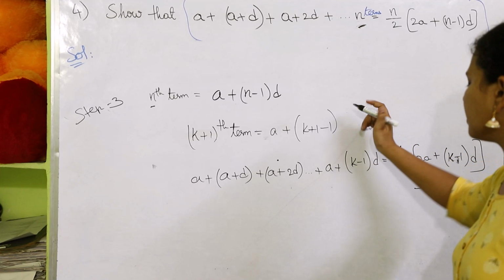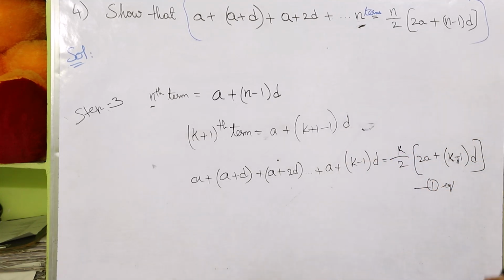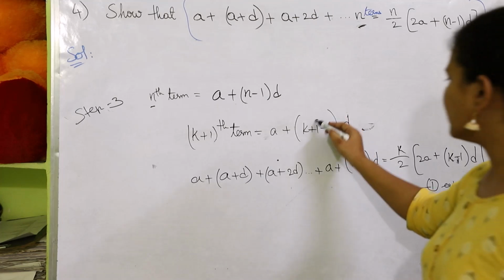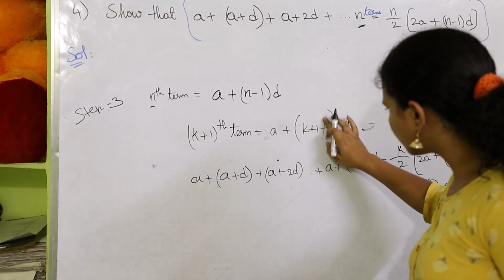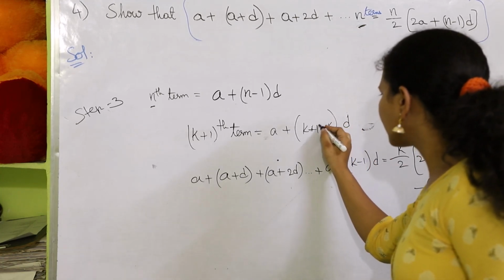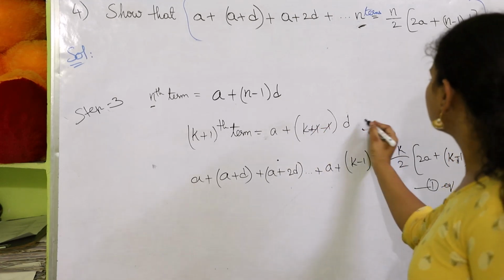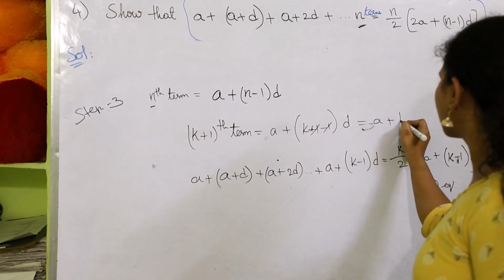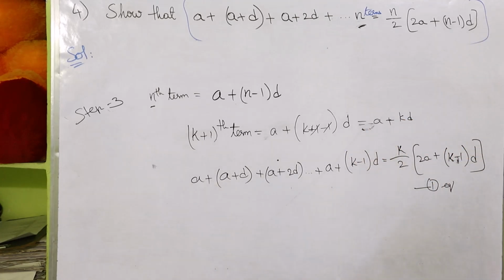Clear? So plus 1 minus 1 cancel. This becomes k into d, kd. So this becomes a plus kd.